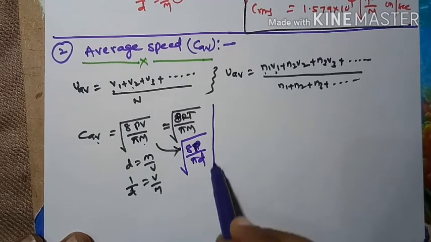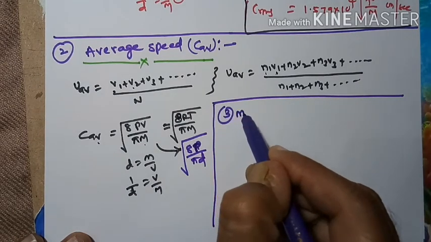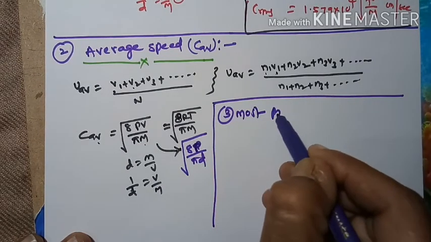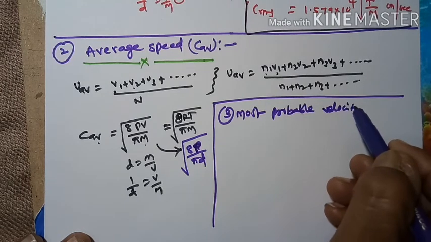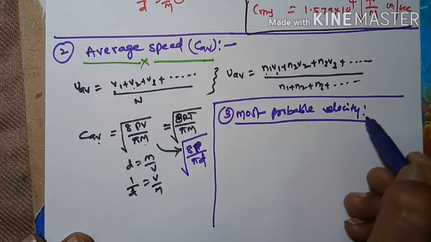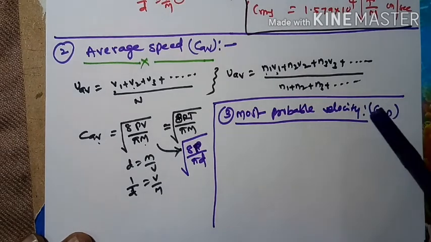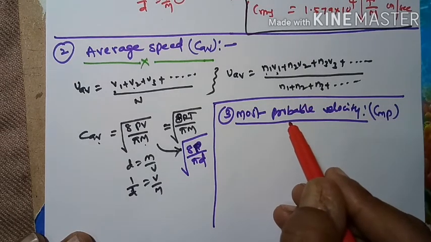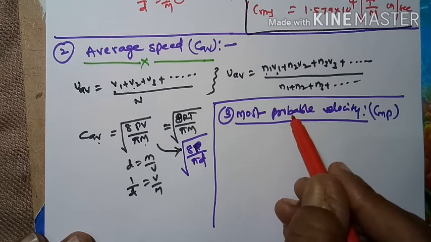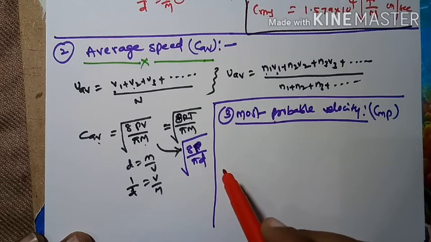Then the third type of velocity is the most probable velocity. What is meant by most probable velocity? Whenever different molecules travel with different velocities, the velocity possessed by the maximum number of molecules is called the most probable velocity.